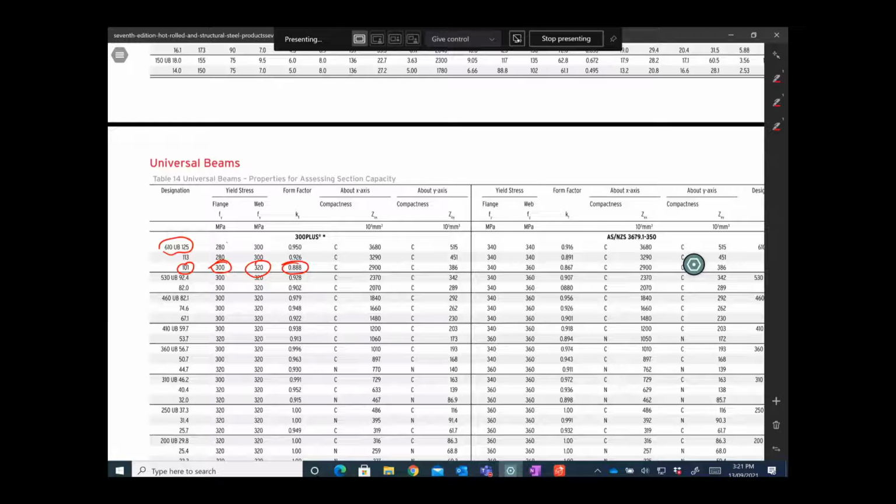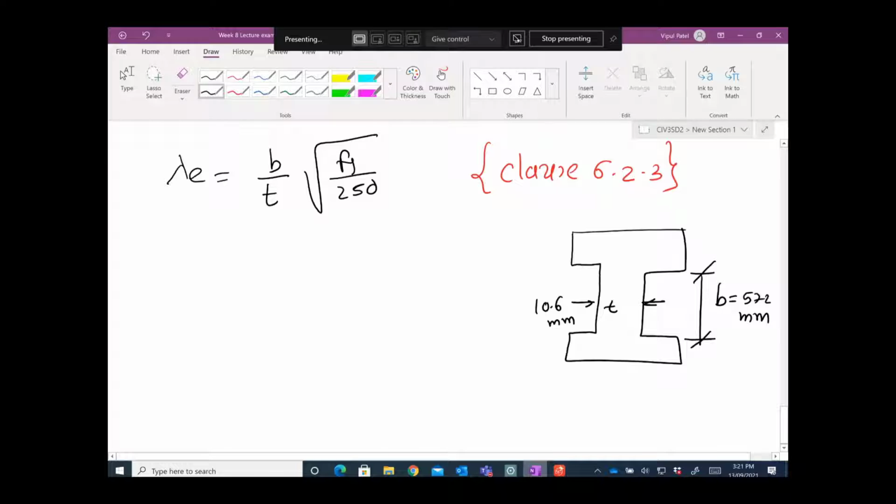They will not make a big difference. Let me check, yeah, they will not make a big difference. Let's use 320.